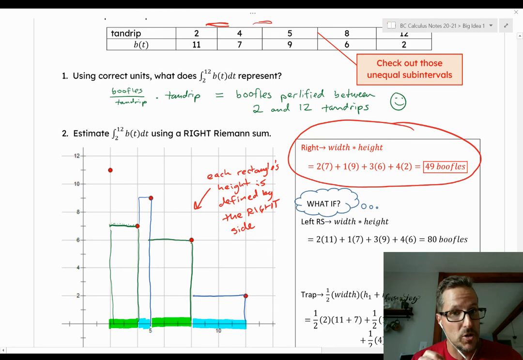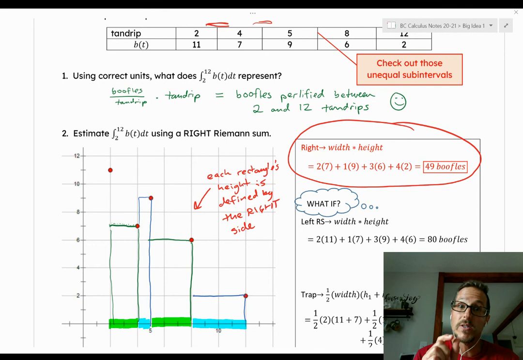Now the problem specified a right Riemann sum. And usually your problems will specify which Riemann sum to use. So what if I had said a left Riemann sum? A left Riemann sum would use the same widths, but we're going to use different heights, right? For a left Riemann sum, we're going to use the height that is on the left side of each subinterval.